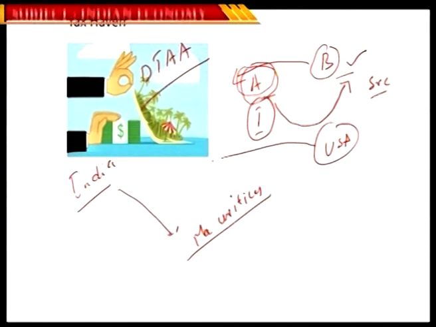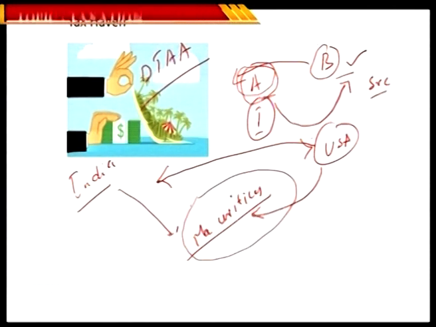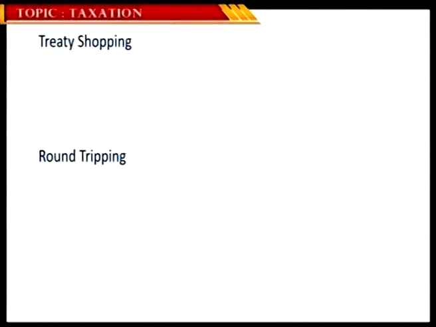Since we don't have any tax concessional agreement with the United States of America, these Americans, in order to take advantage of the agreement between Mauritius and India, route their investments through Mauritius, and as a result, India indirectly ends up becoming an indirect tax haven. So this is how many nations and many investors take advantage of simply routing their investments through these kinds of tax havens, and this is very popularly referred to by a term called treaty shopping.